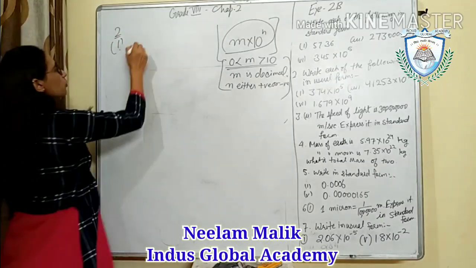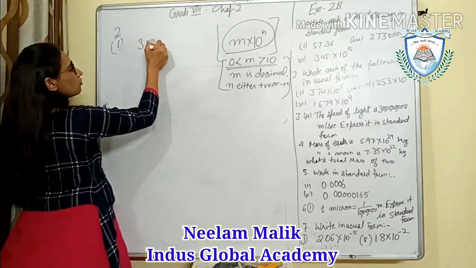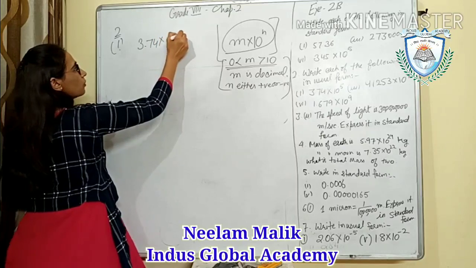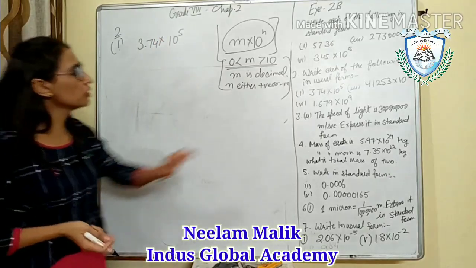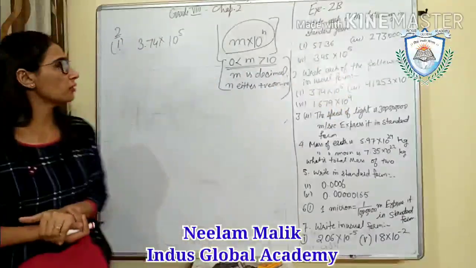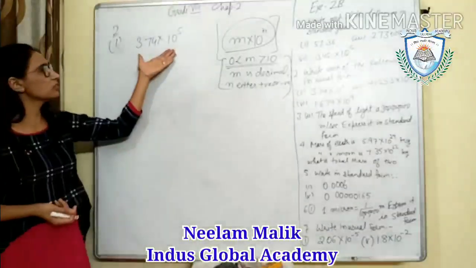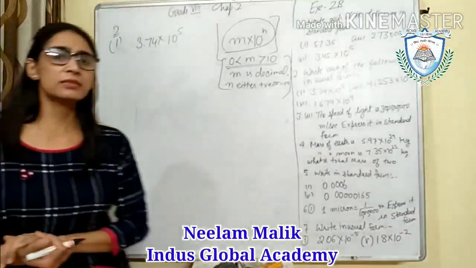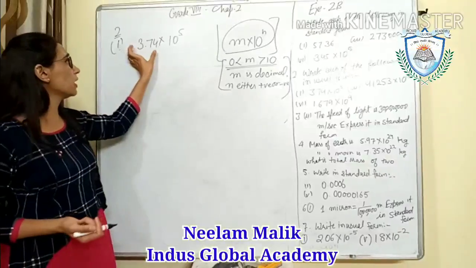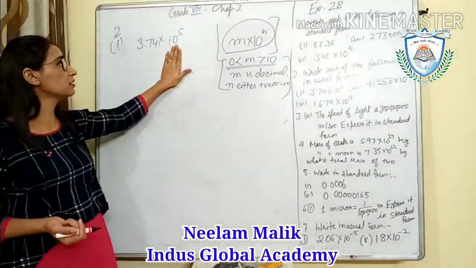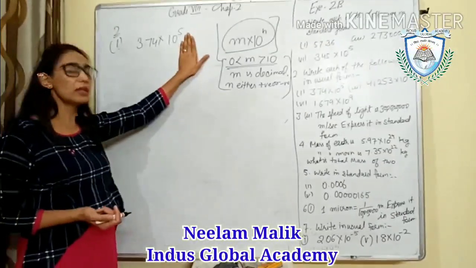Take the first part of question number 2. Here is 3.74 into 10 raised to power 5. So this number is in standard form, because the value of m is between 0 to 10 and this is in 10 raised to power n.